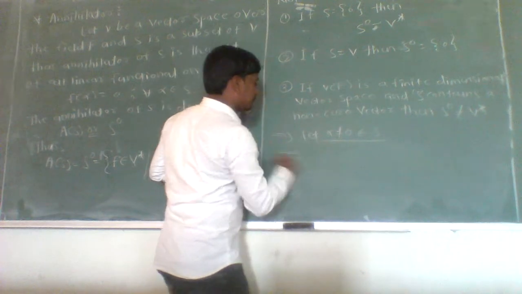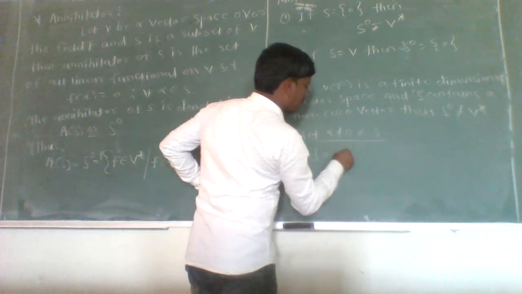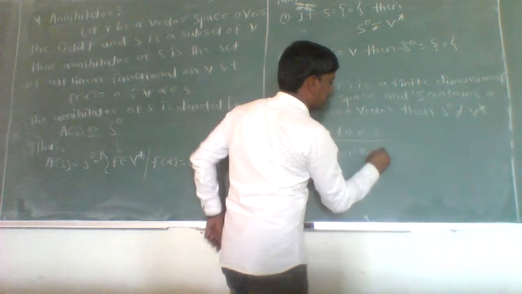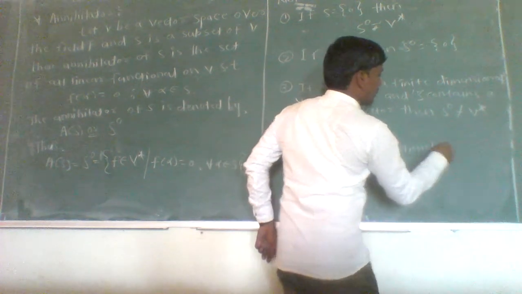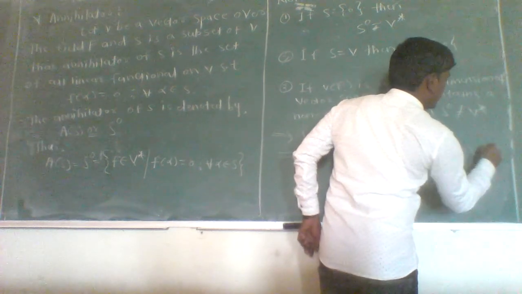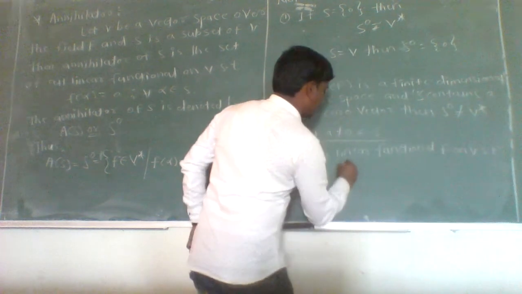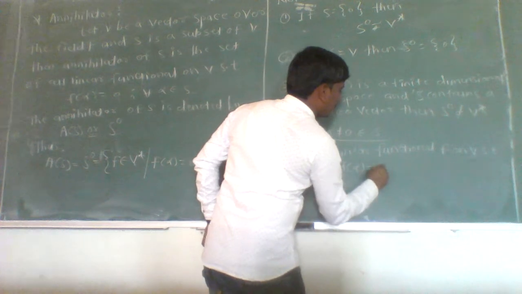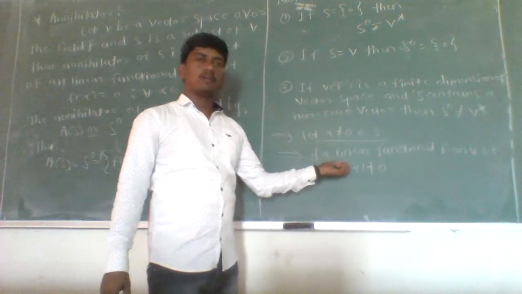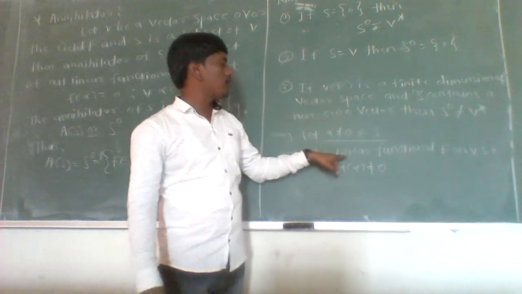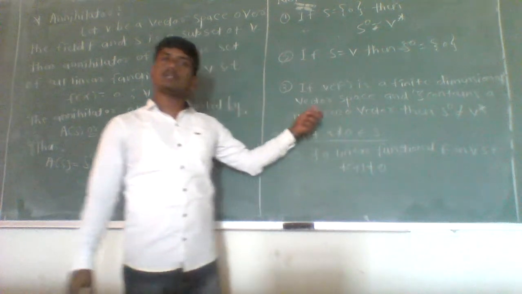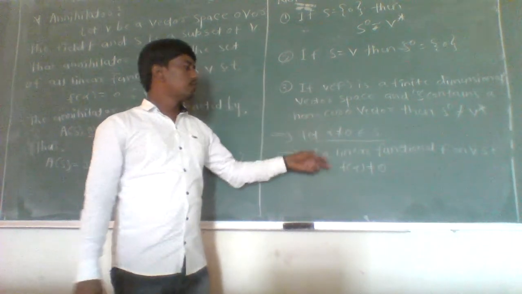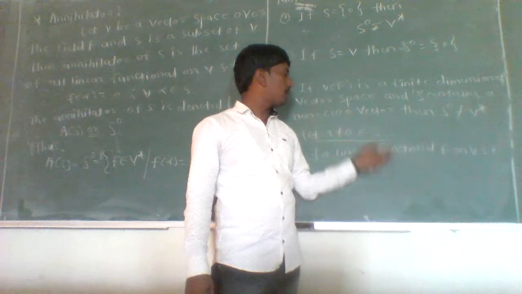Therefore, by the theorem, there exists a linear functional f on vector space V such that f of alpha is not equal to 0. As this is a linear functional, it is a member of V star. So here we get one linear functional which is not equal to 0 at alpha, and the annihilator of S contains all those linear functionals whose value is always 0 for each alpha belonging to S.